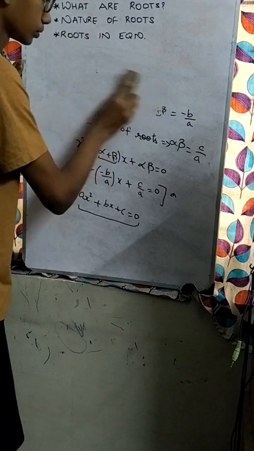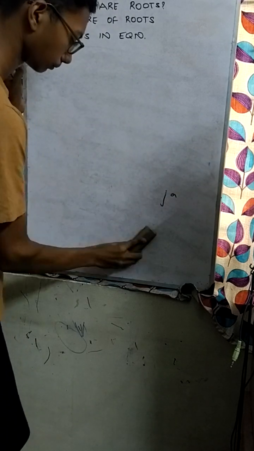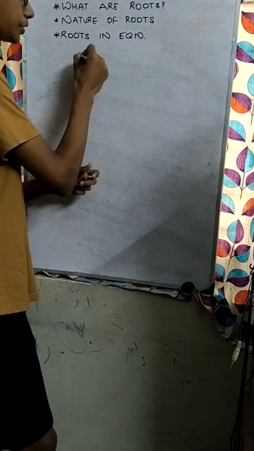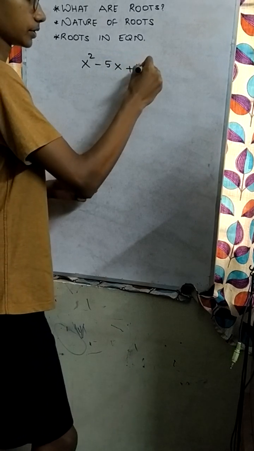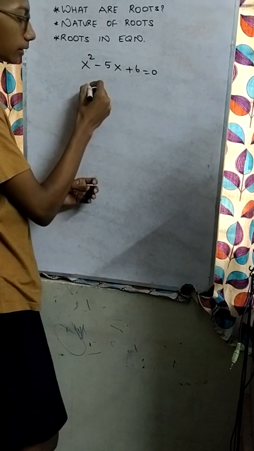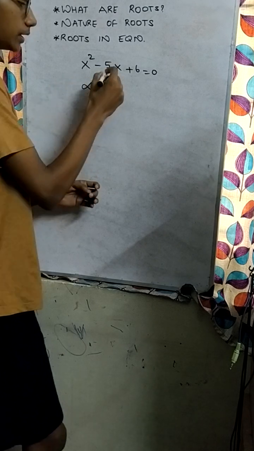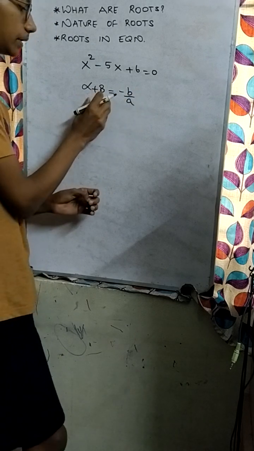Now let's have some examples for this. Let's say we have an example like x square minus 5x plus 6 equals 0, which is the example we got earlier. So here alpha plus beta, that is sum of roots, equals minus b by a.